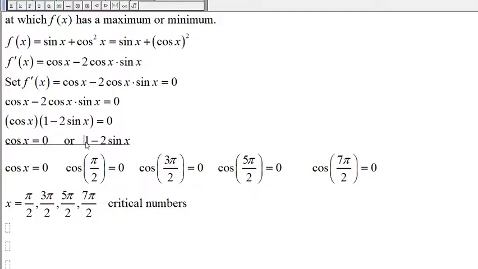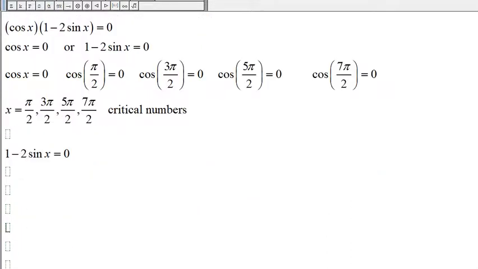And then we also have 1 minus 2 sine x equal to 0. And so we need to find the critical numbers from here. So subtract 1 from both sides, and then divide by negative 2, and then we get sine of x is equal to 1/2.